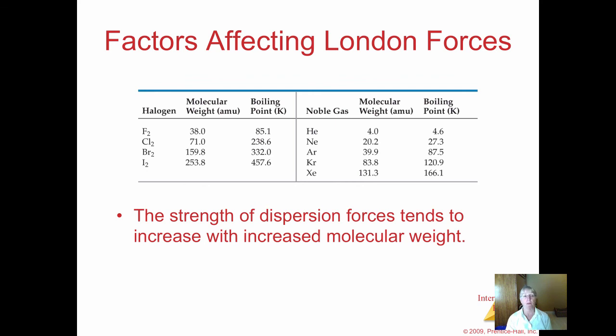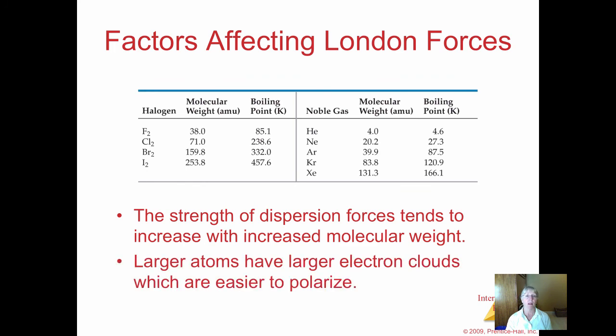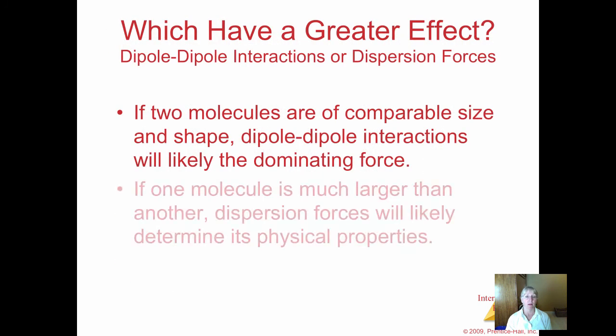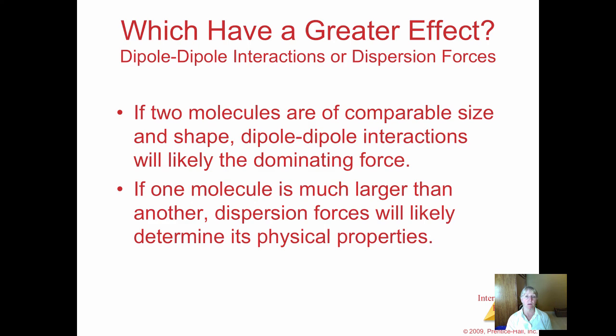So at room temperature, iodine is a solid, whereas bromine, a less organized form of matter with weaker London forces, will be a liquid. So London forces are very important to the form of matter that a substance will display.